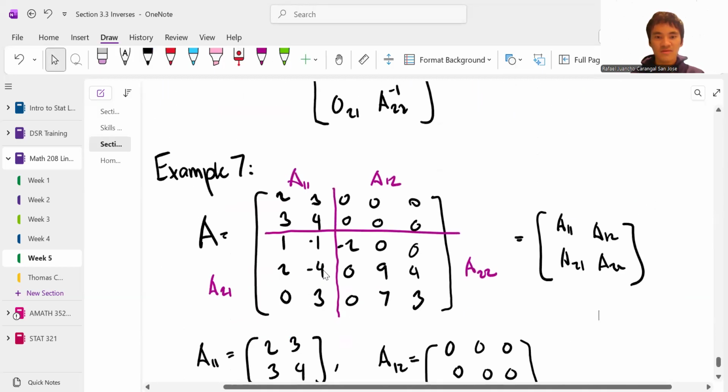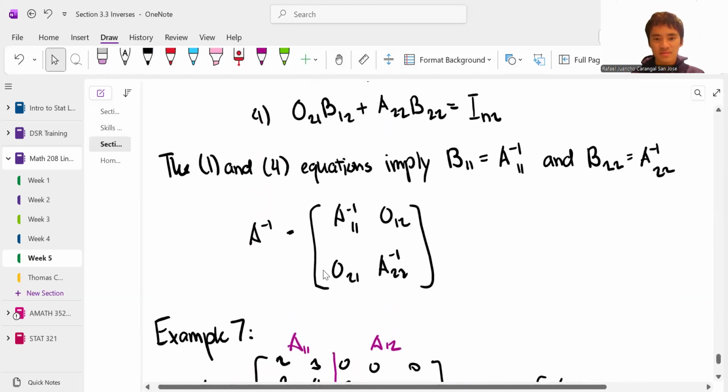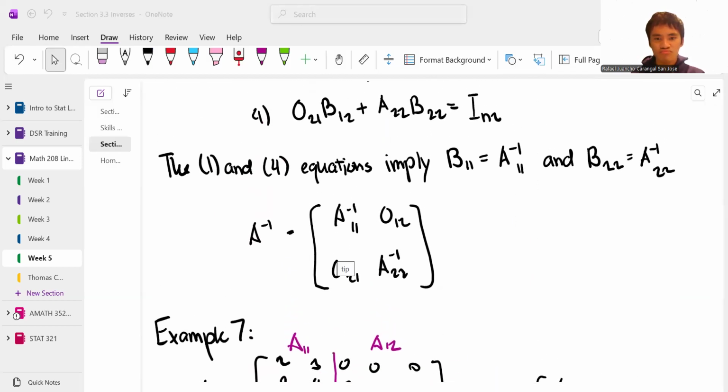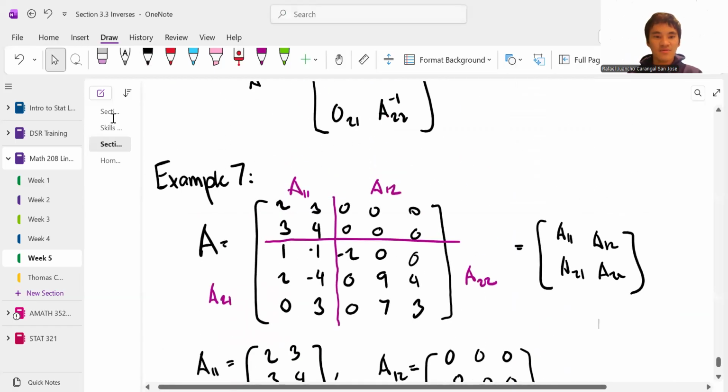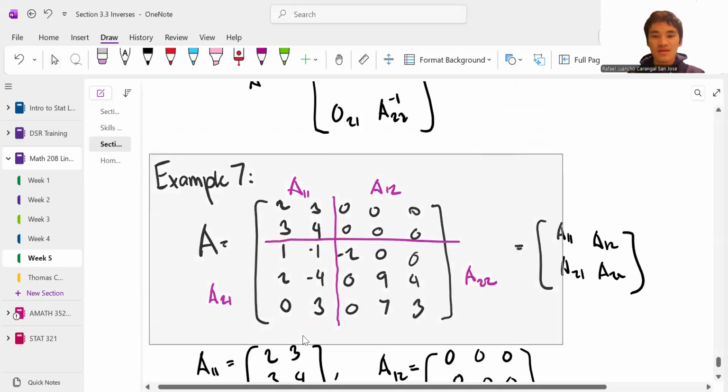I think I forgot to write out the formula. Oh, there was another formula, for if we're given a block lower triangular matrix. I forgot to put it here. I thought it wasn't needed.